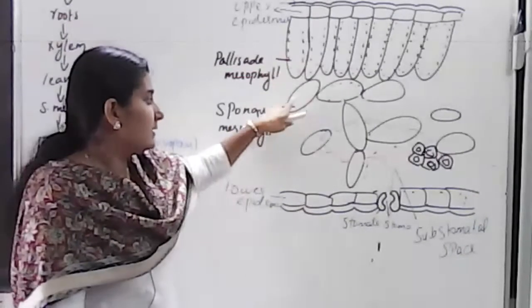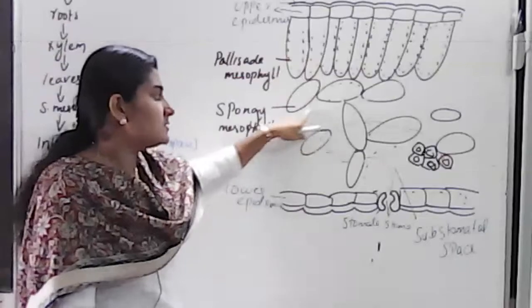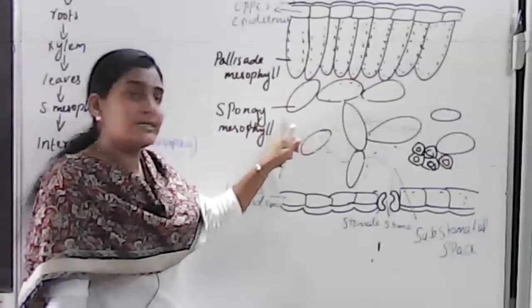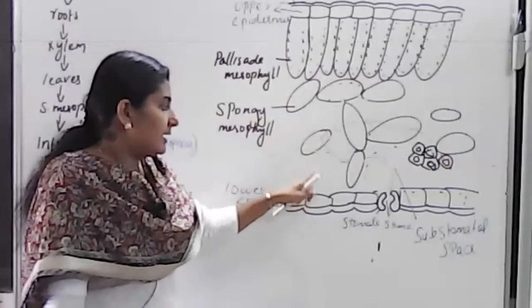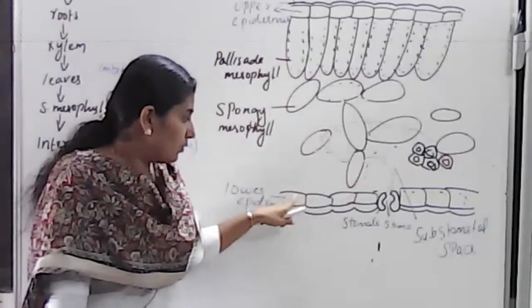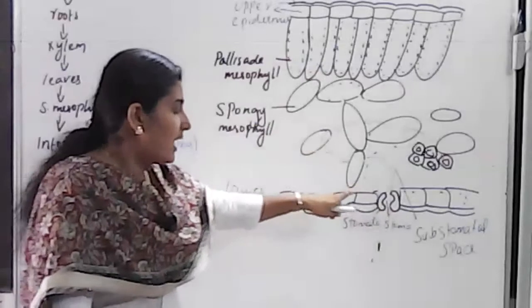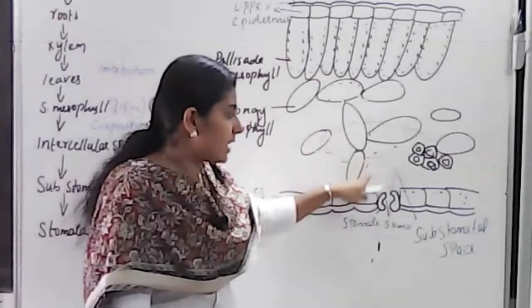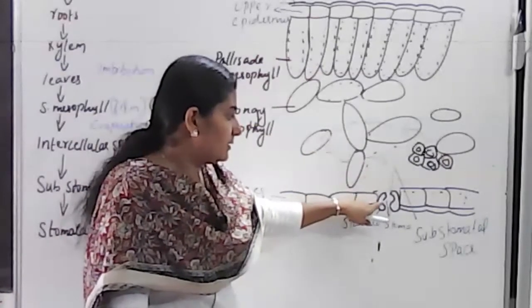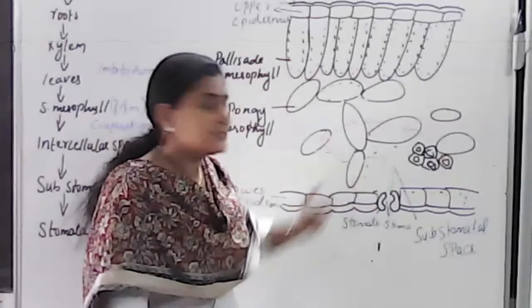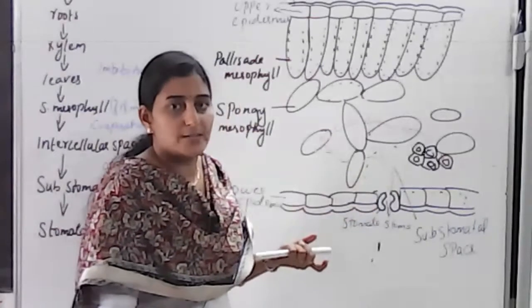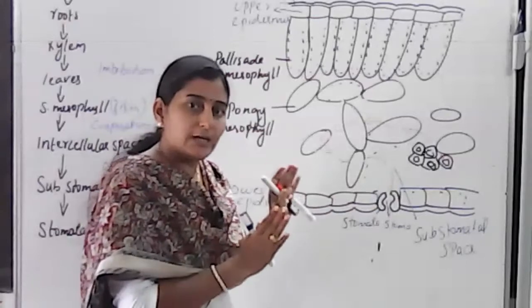Then the free space seen in between the spongy mesophyll cells, you call intercellular space. And again we have the lower epidermis and stomata in between the lower epidermis, and the space seen just above the stomata, you call substomatal space. That's all about the structure of a typical leaf.